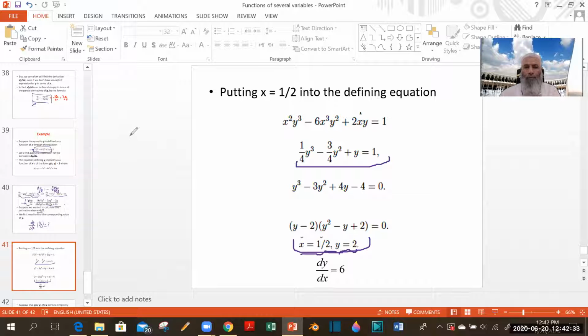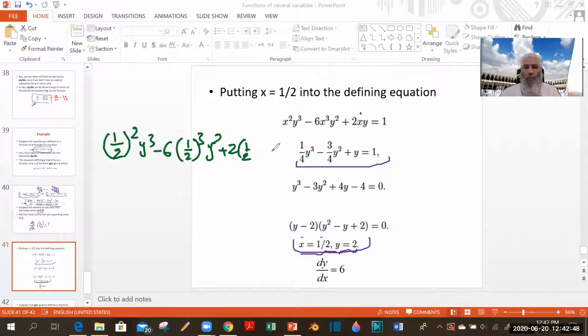So x squared is 1/2 squared, y cubed, minus 6 multiplied by 1/2 cubed, y squared, plus 2 times 1/2 times y equals 1.